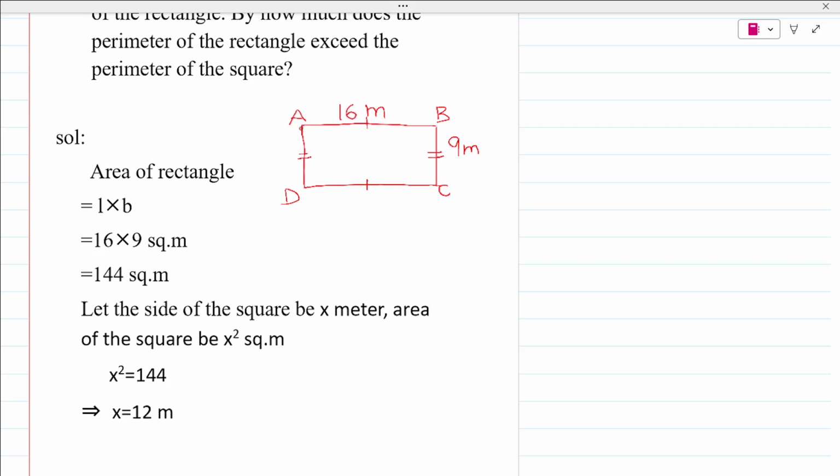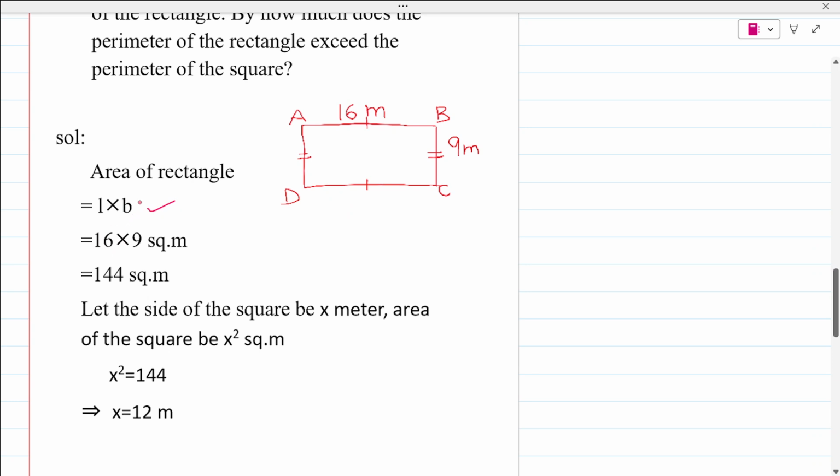A rectangle is a figure in which the lengths of AB and DC are same, and the widths, AD and BC, are equal. The area of the rectangle is length into breadth, L into B.